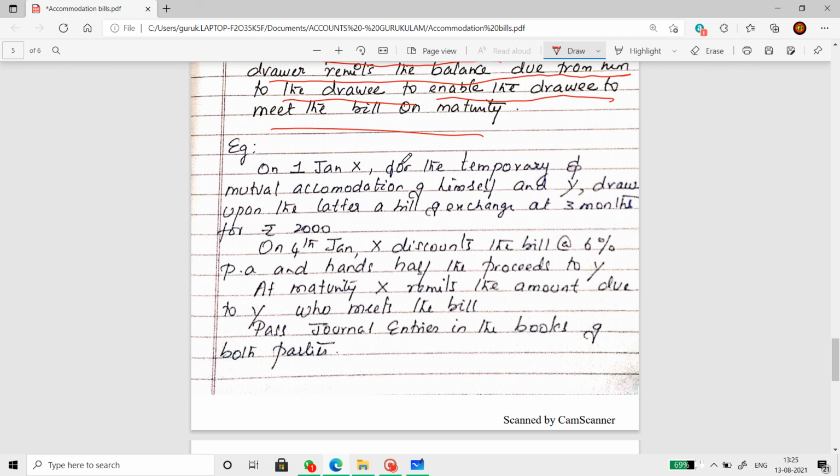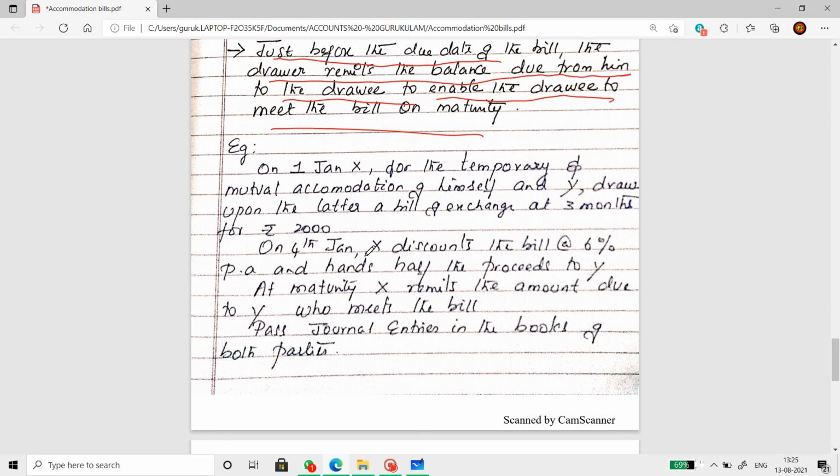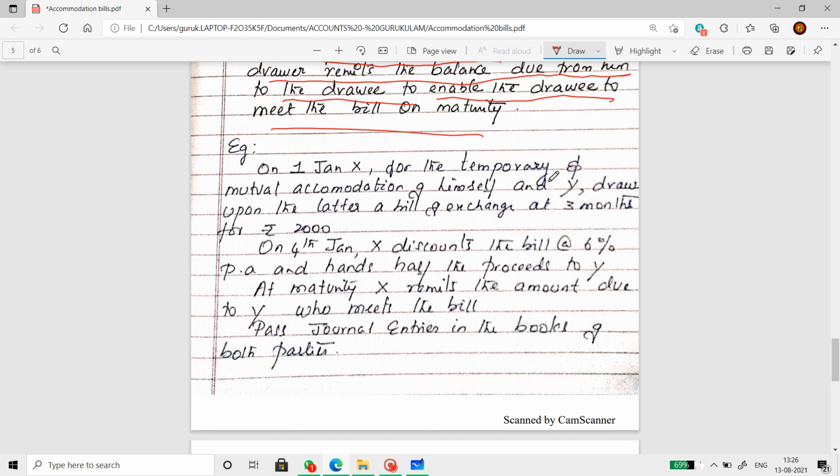On 1st January, X, for temporary and mutual accommodation of himself and Y, draws upon the latter a bill of exchange at 3 months for rupees 2,000. On 4th January, X discounts the bill at 6% per annum. So, X and Y both are in need of money.